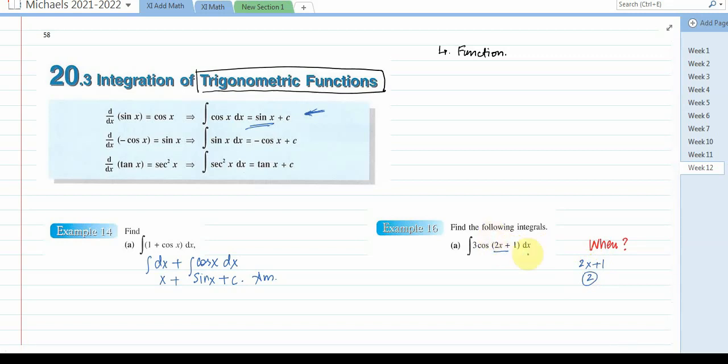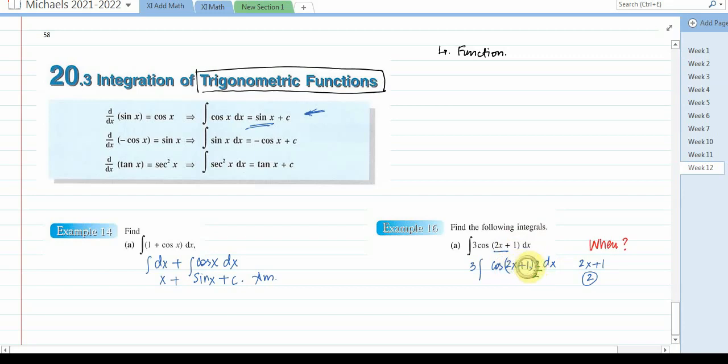So what we are going to do: 3 acts as a coefficient, so I will write outside the integral sign 3 cos(2x plus 1) dx, that is a function, and we are going to multiply and divide it by 2, because now the derivative of the angle is written just next to it.